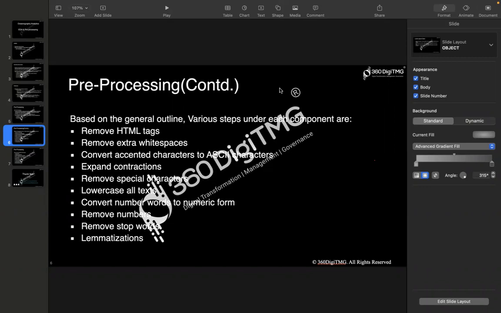Then we lowercase all the text. Then we convert number words to numeric form, remove the numbers, remove the stop words, and lemmatization, all these things.